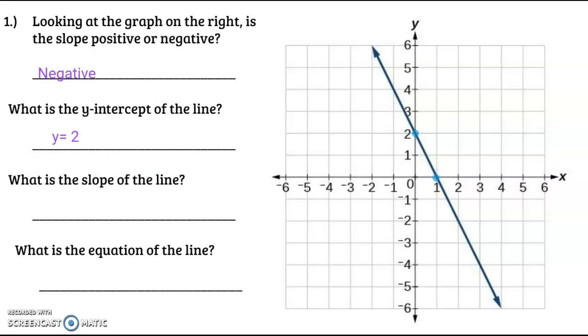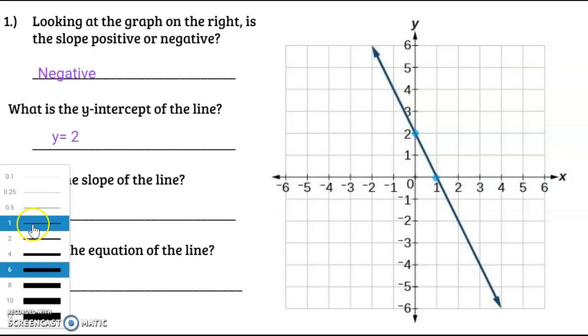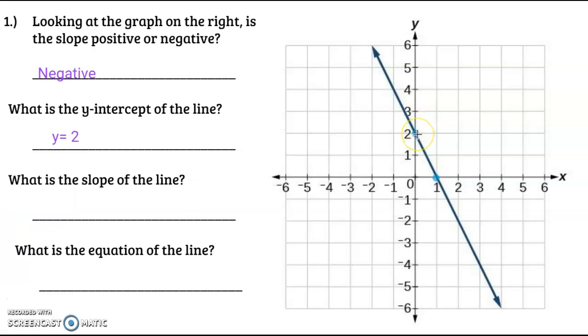Now, working left to right, I'm going to figure out how many I need to rise, and that means either going up or down on the y-axis in order to be even to the point that I'm trying to get to. So if I start here and I'm trying to get to here, because I work left to right, I'm going to go down 1, 2.